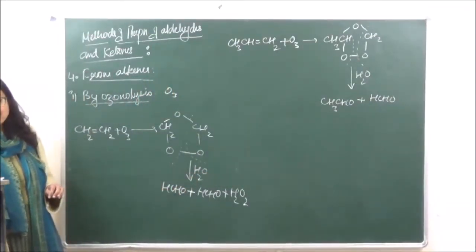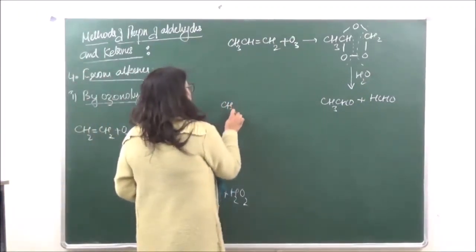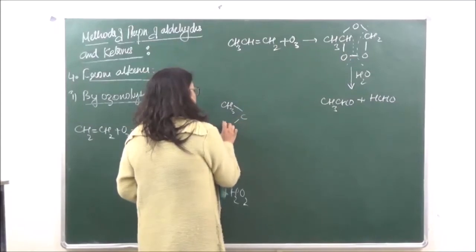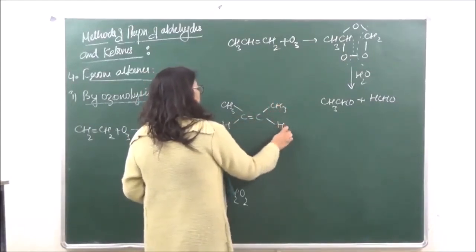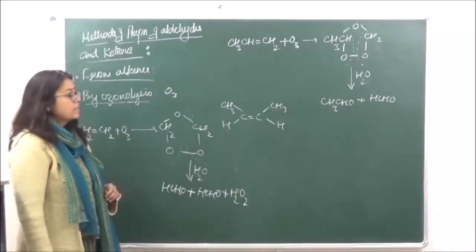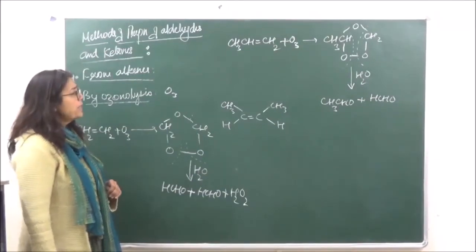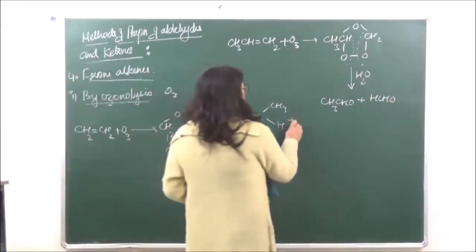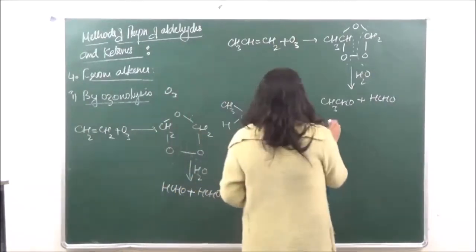Okay, now let's take a butene. Okay, this is but-2-ene, right? So if we take but-2-ene and add ozone, again the ozonide is going to be formed.